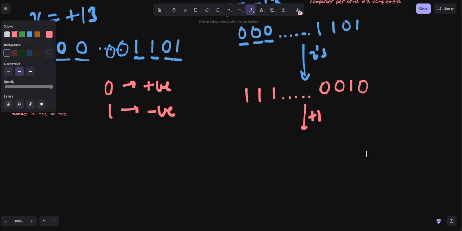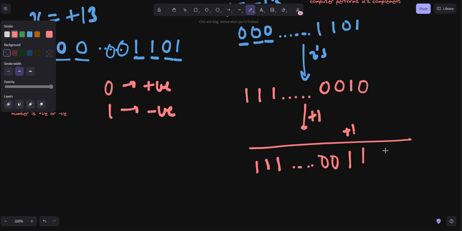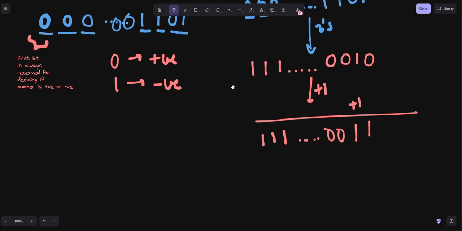If you add 1, what you will get? You get 1 0 plus 1, which is 1 1 0 0 at the end, and all the upper bits are filled with 1. This is what you got, and this is how it is stored.